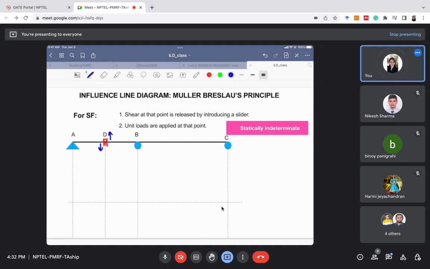We'll restrain points A, B, and C, because these points are supported, so they cannot move anywhere. The next step is to see how this part will deflect when we move this point D in the upward direction. It will deflect something like this.